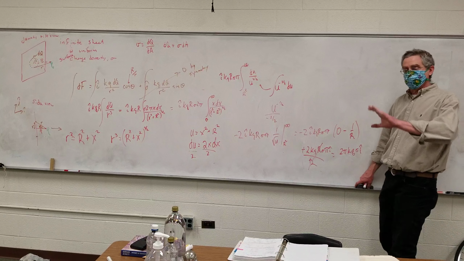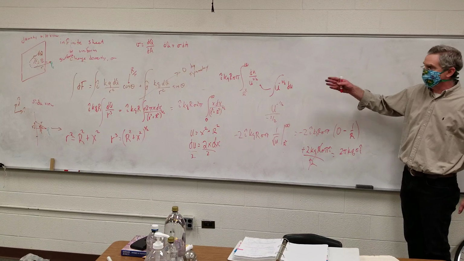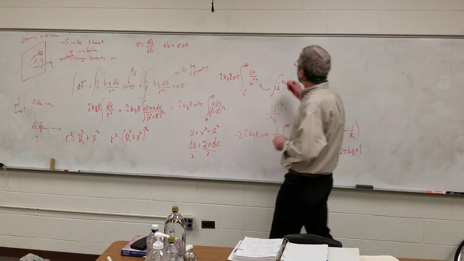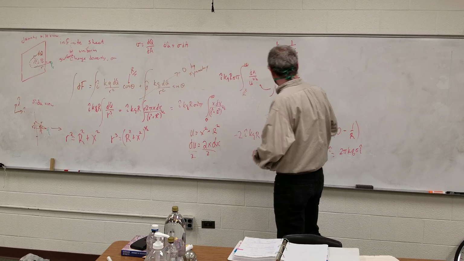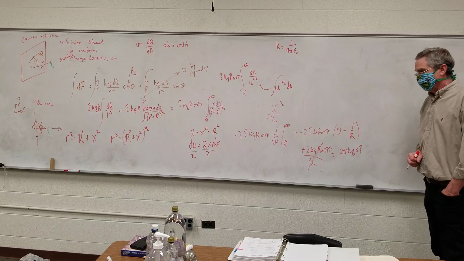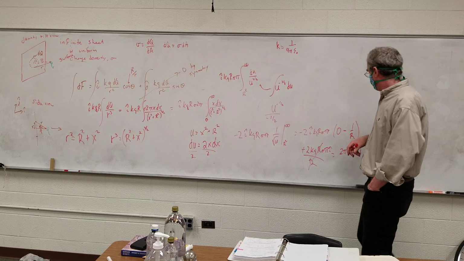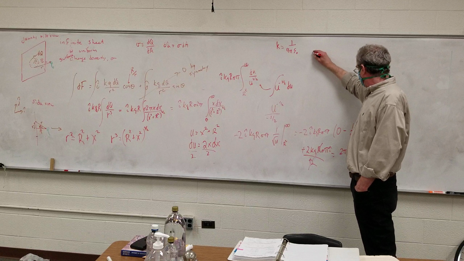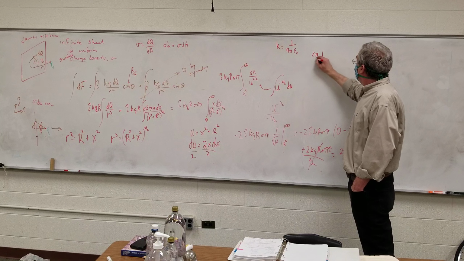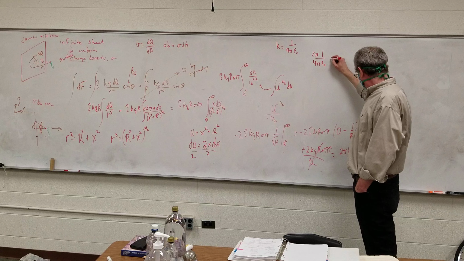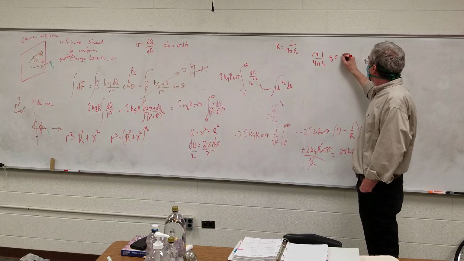All right, I'm going to look at this slightly differently, using the same thing I did before, the fact that Coulomb's constant is equal to 1 over 4 pi epsilon sub naught, assuming a vacuum in space. So I get 2 pi times 1 over 4 pi epsilon sub naught, q sigma i hat.